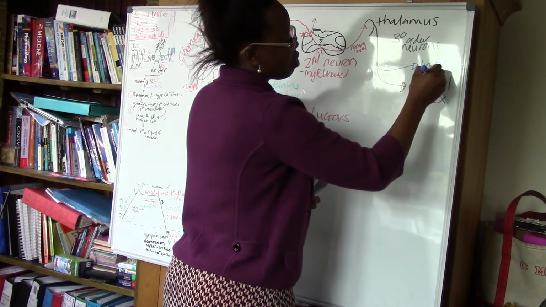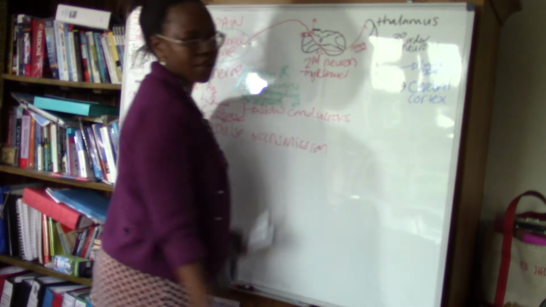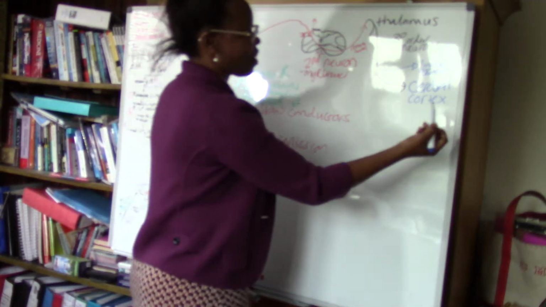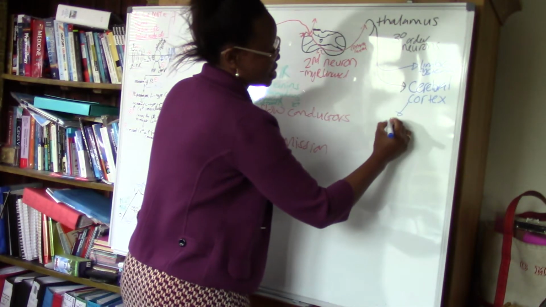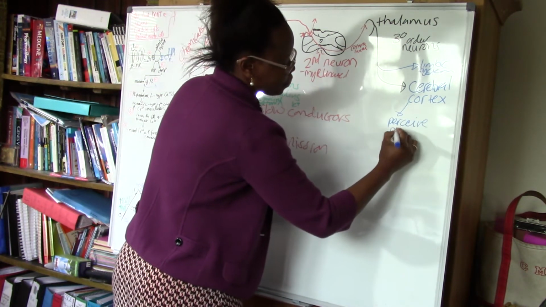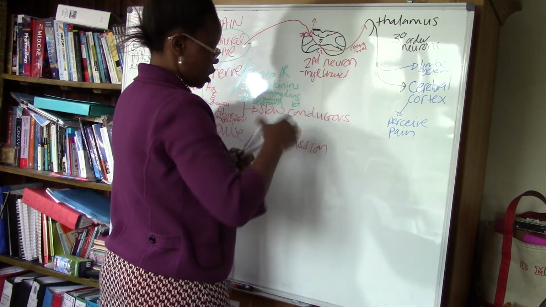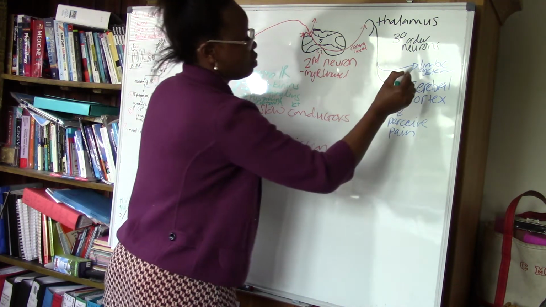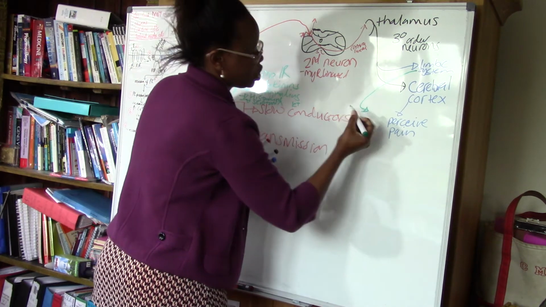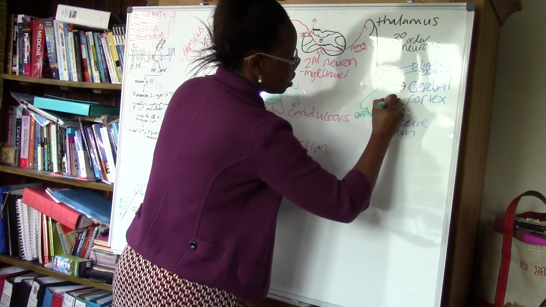So the cerebral cortex will then perceive pain, and the limbic system really is for generating emotions, that emotional response to pain.